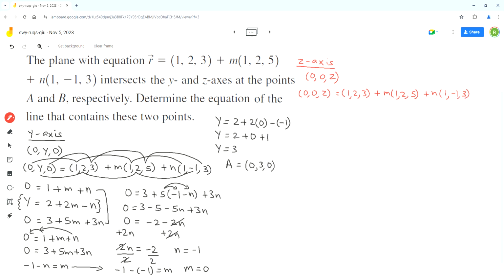Next, we can break up this vector equation into parametric equations. Let's start with the x equation, and for that we'll use the x components of these vectors. And we multiply the components of the direction vectors with m and n. Now we can write the y equation using the y components.